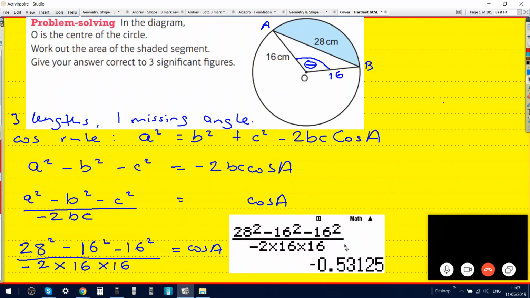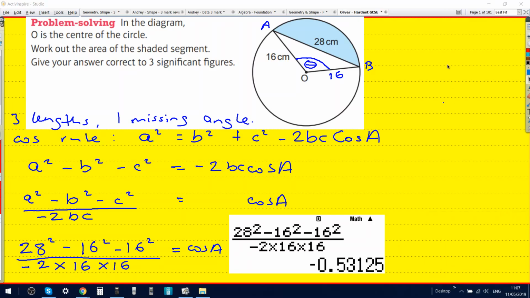So let me try it one more time. 28 squared minus 16 squared, all over minus 2 times 16 times 16. Okay, now I get it for some reason. Minus 0.53. And then reverse cos of the answer is 122 degrees.